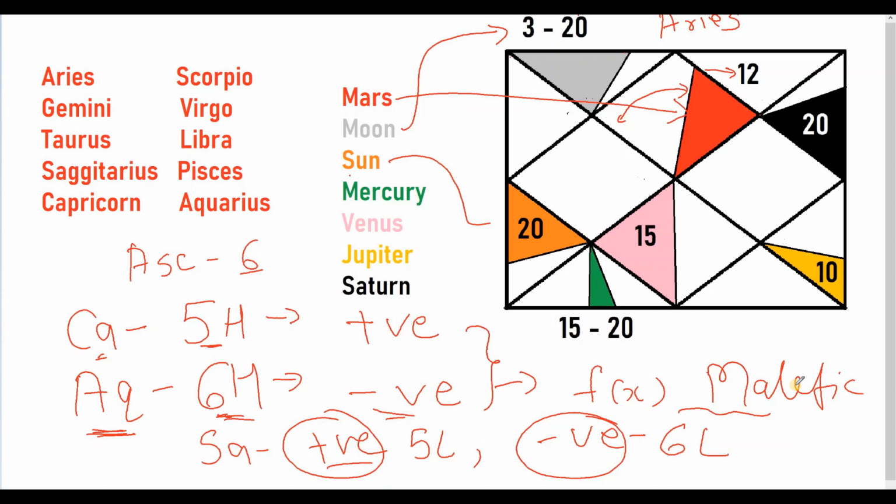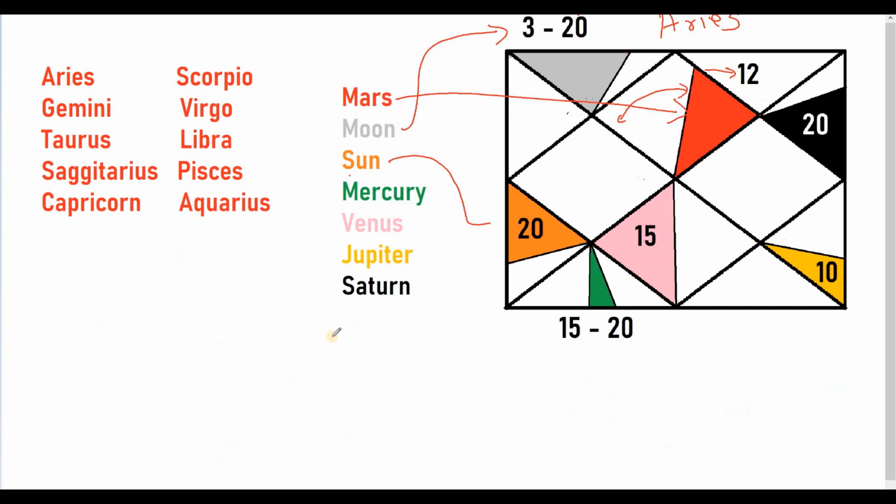And now I'm going to share how the behavior of planet was described in Mool Trikona for me. See, now if you read any of the classic books about Vedic astrology, say just take BPHS, Brihat Parashara Hora Shastra, you will find that this concept of Mool Trikon was introduced while talking about planetary dignities.